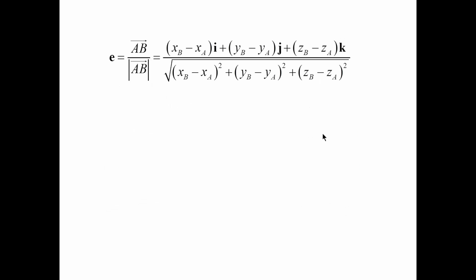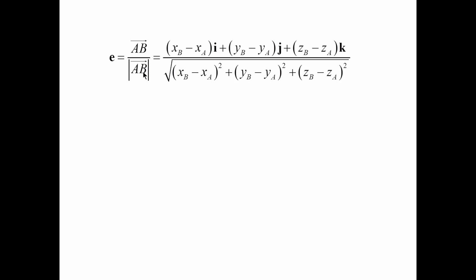At any rate, let me see how to quantify this. First, I will compute the vector E. The vector E is the unit vector of the vector AB. So I calculate the vector AB and divide it by its magnitude.